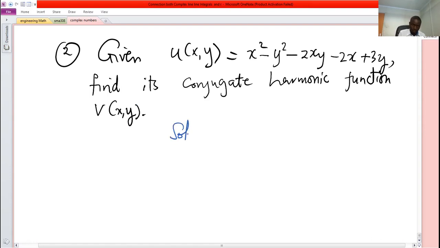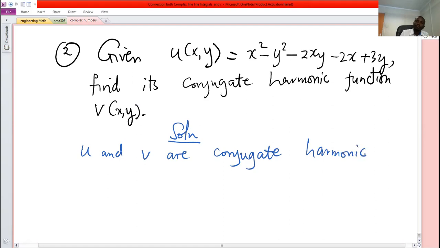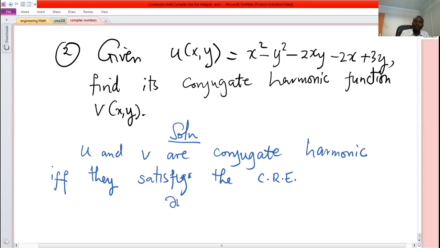So solution, u and v are conjugate harmonic if and only if they satisfy the Cauchy-Riemann equations, i.e. partial u partial x equals partial v partial y, and partial v partial x equals minus partial u partial y.